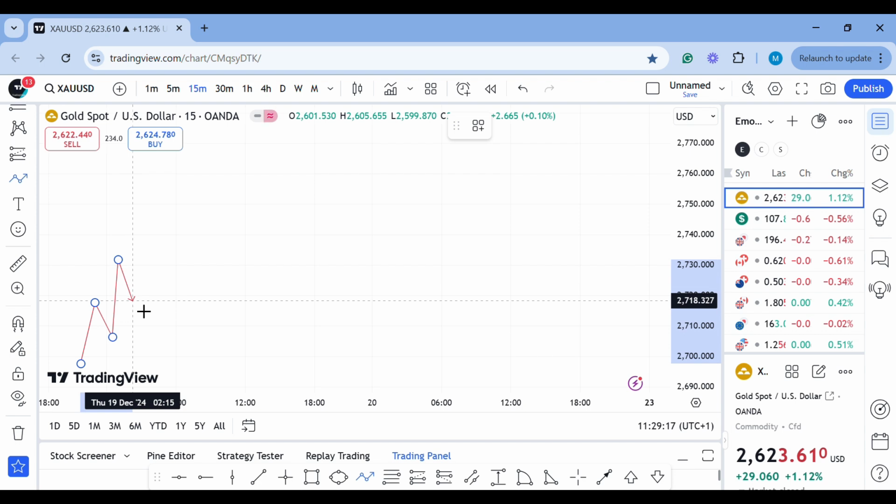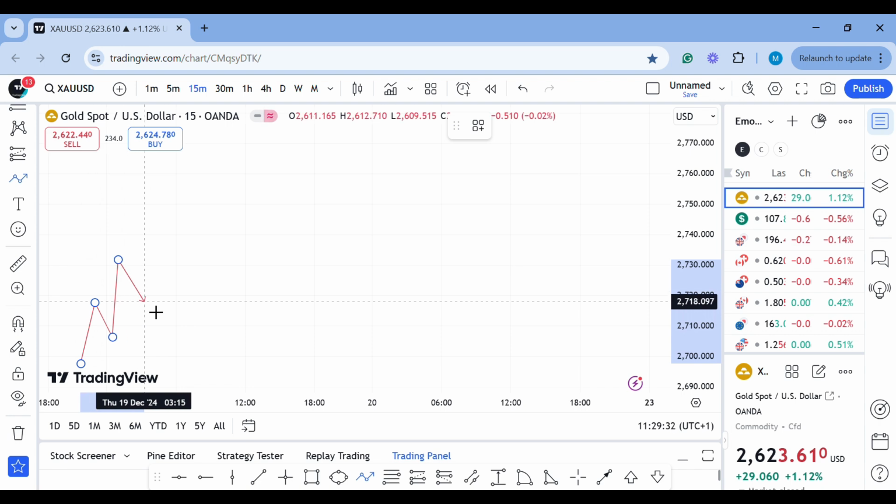To retest. As gold respects zones, it has to come back to respect this previous high. Like the first wave pattern, it has to come back to respect this previous high created.